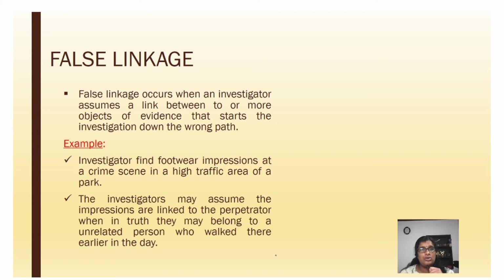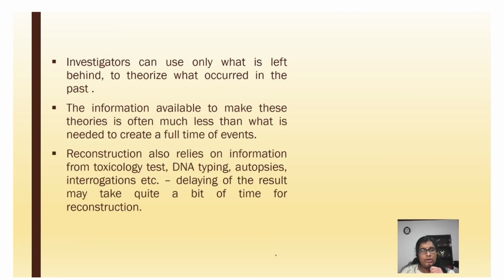So this is also a limitation for crime scene reconstruction. There are three limitations for crime scene reconstruction: first bifurcation, then generalization, and false linkage. And investigators can use only what is left behind to theorize what occurred in the past.